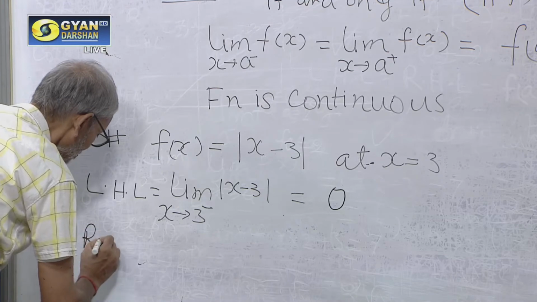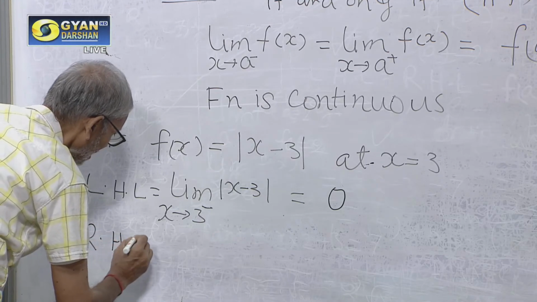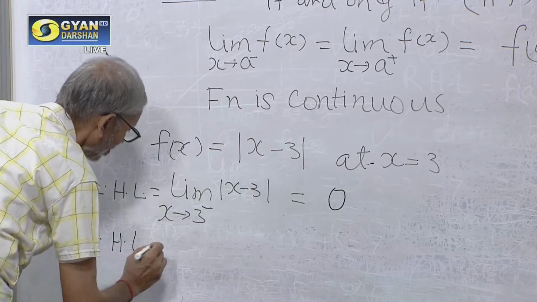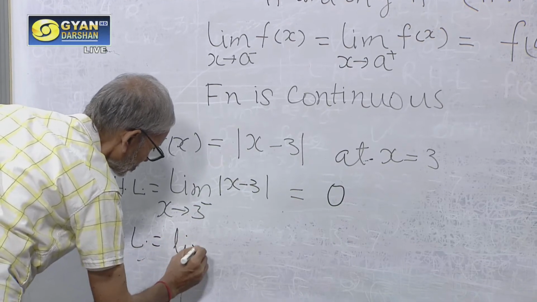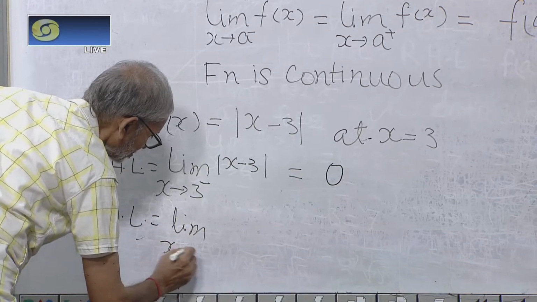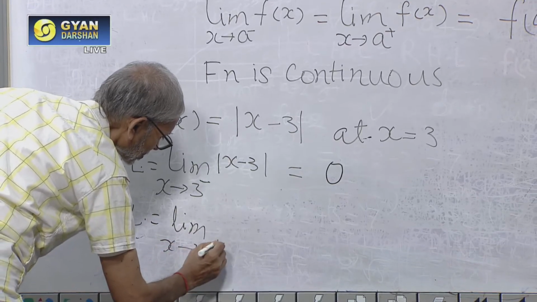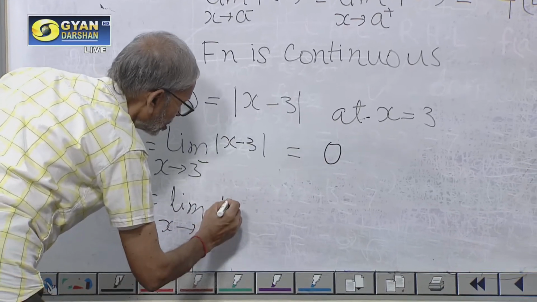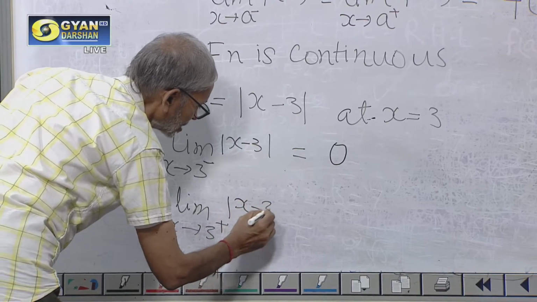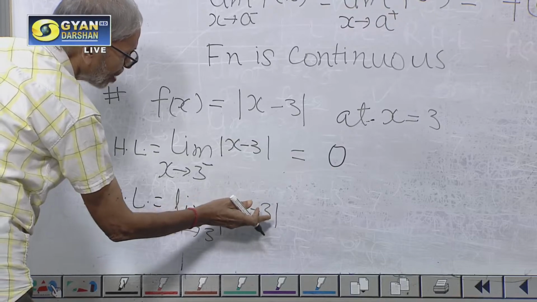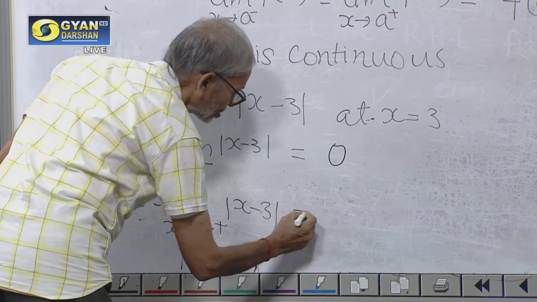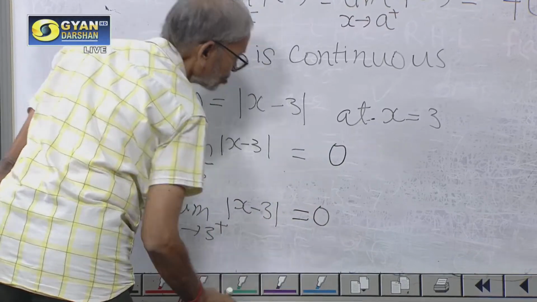Similarly, the right hand limit, you can do it by first principle also. Limit x tends to 3 plus of mod x minus 3, it is some positive value, but nearing to 0. So, it will also become 0.